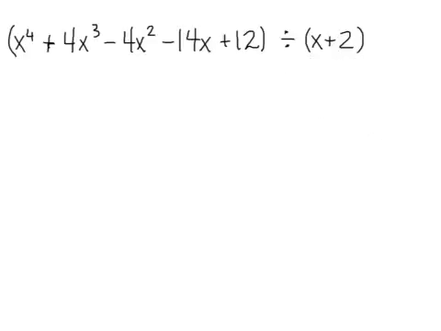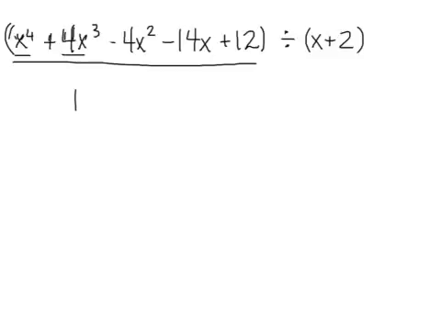Alright, when we set up synthetic division, we take the coefficients of the dividend and put them all in a row. So the coefficient of this term, 1, coefficient here, 4, coefficient, -4, next coefficient, -14, next coefficient, 12.